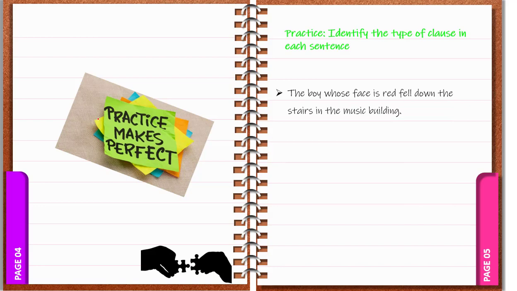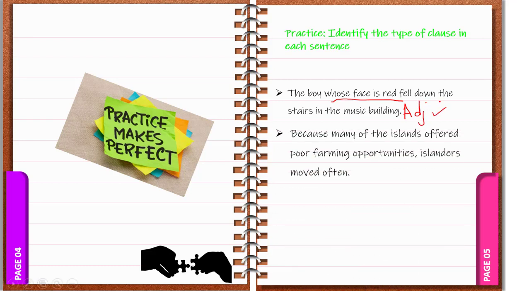In the first one, the boy whose face is red fell down the stairs in the music building. Take a moment. What is your answer? Whose face is red. Now, if you have identified this as your adjective clause, then your answer is correct.